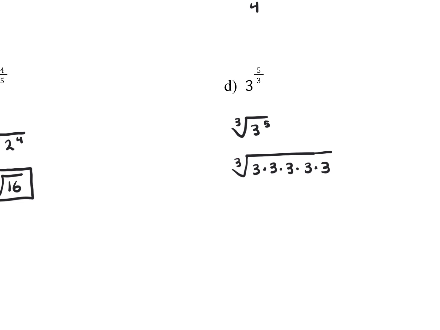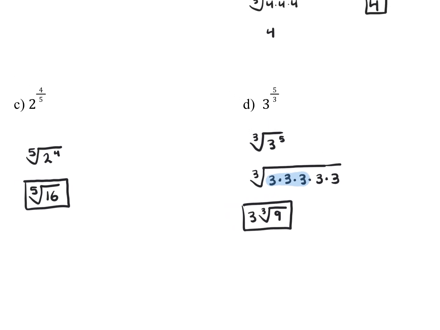I know I'm looking for a group of 3 to simplify. So there's 1. So that gives me 3 on the outside. And then what I have left in my radicand is this 3 times 3, which is 9. So I rewrote it. And instead of actually finding 3 to the power of 5, which is 243, I just kept it out in this expanded form, allowing me to simplify.